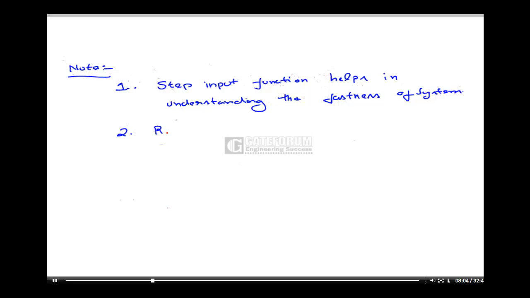Second, ramp input function. It helps in knowing how the system would behave to a signal that changes linearly with time, because the ramp input function changes linearly with the time.